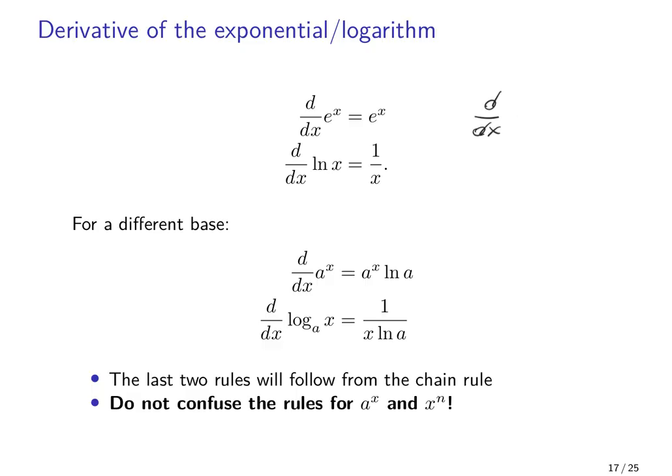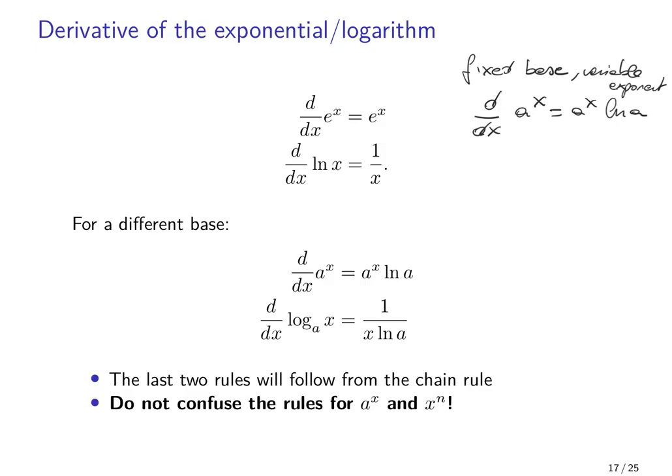d dx of a to the power x is a to the power x times the natural logarithm of a. So that is for a fixed base and a variable exponent.